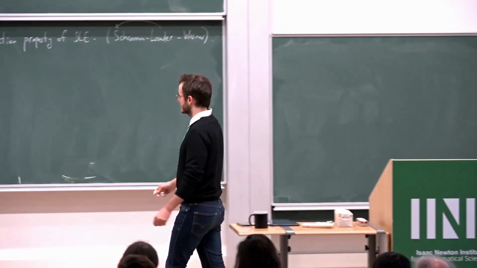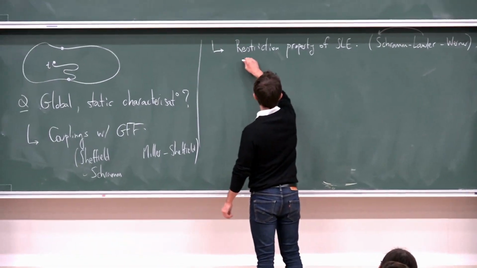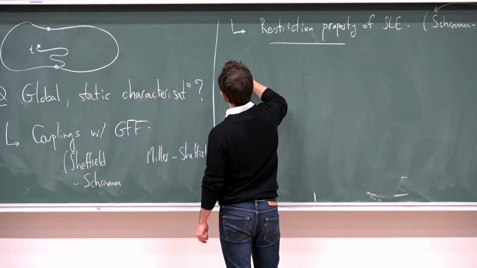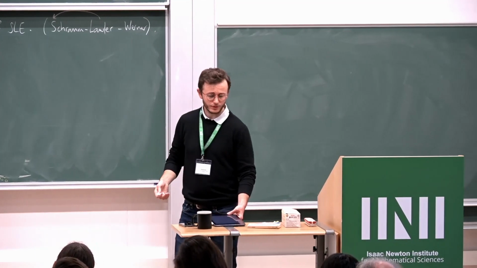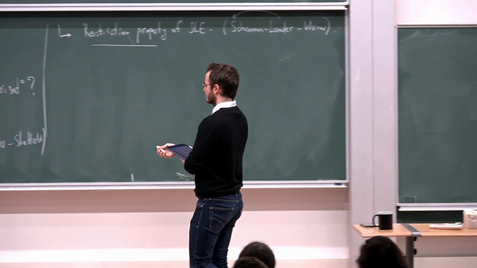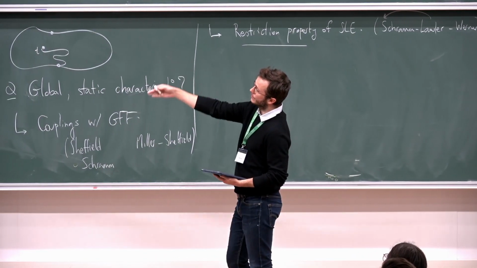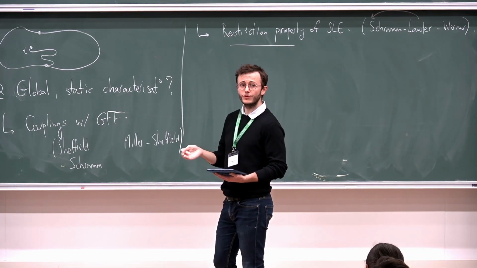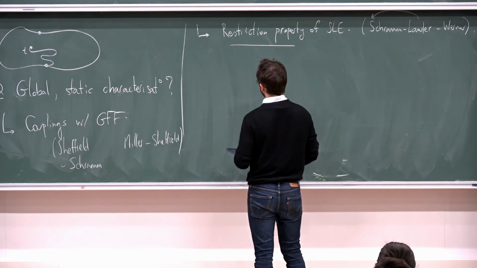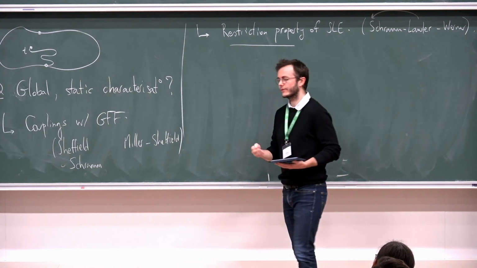Okay, and so it's related to this Kontsevich-Suhov conjecture that I want to talk about now. So this was for chordal SLE, and now I will talk about measures on Jordan curves. So we'll talk about loop versions of SLE. Why do I do that?